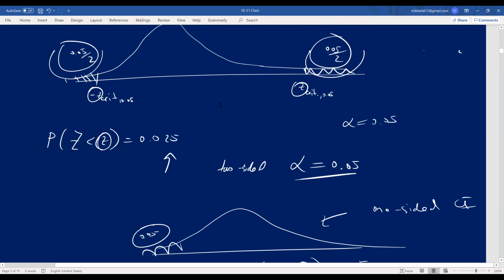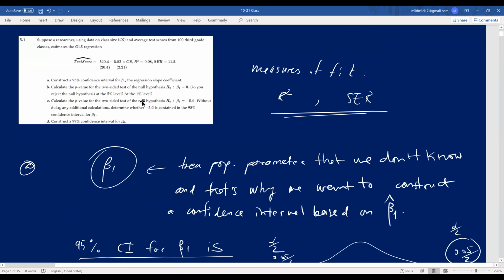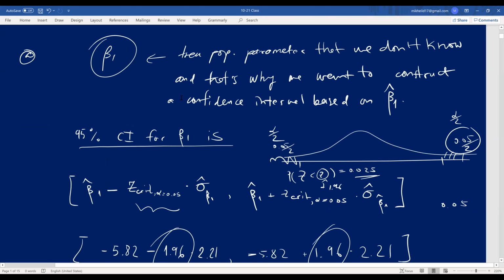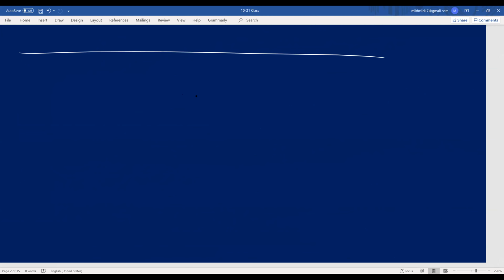Okay, so next question. Calculate the p-value for the two-sided test that H null, beta 1 is equal to 0. So we have this test: H null, beta 1 is 0, and H alternative, beta 1 is not 0, right?